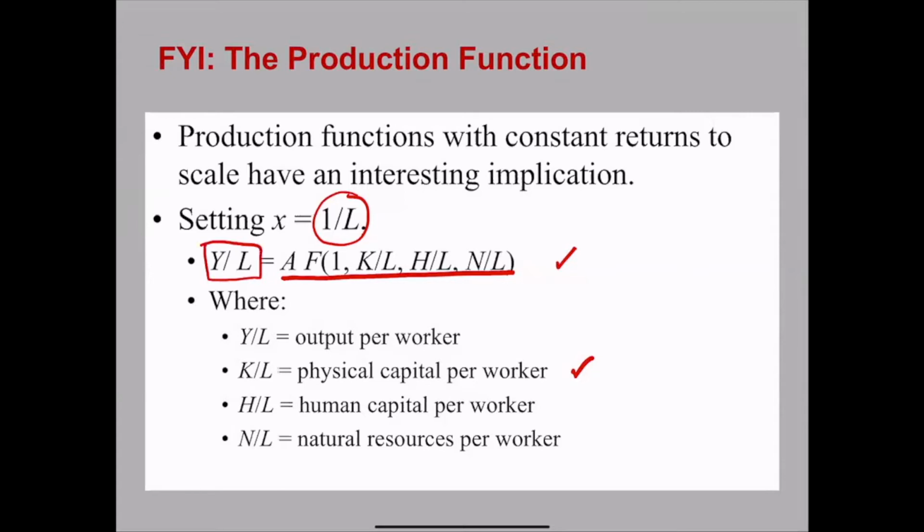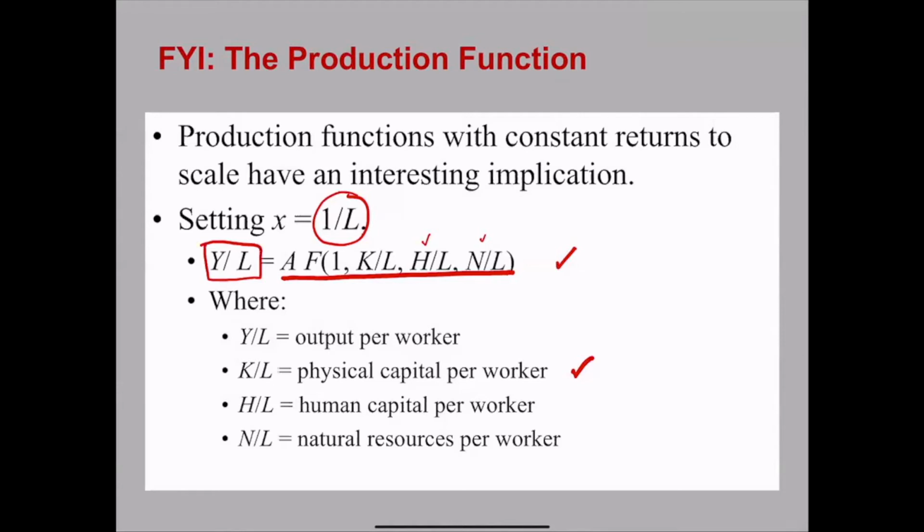So the higher the skill, the higher the ability, the higher the experience of the workers that reside in the population, it can increase the output per worker, right? And the last one is natural resources, but we know that natural resources are important, but not so important. It is not necessary for an economy to grow.